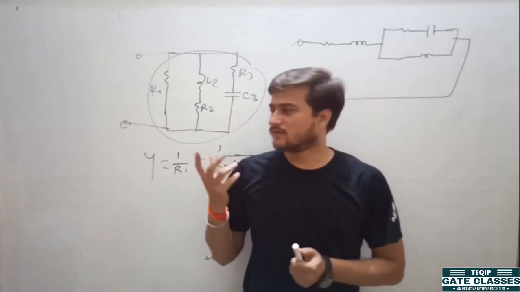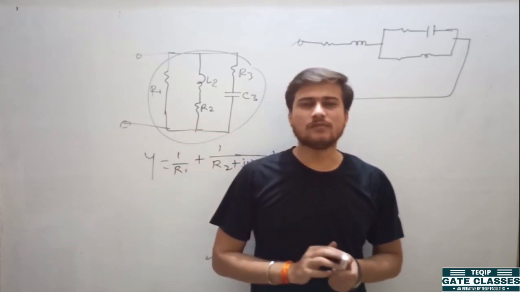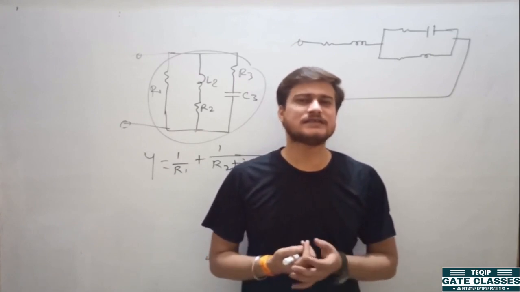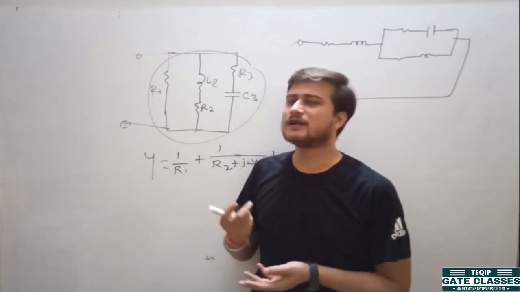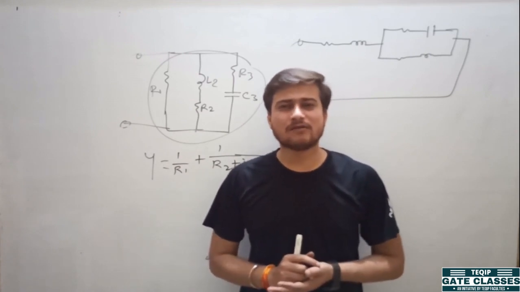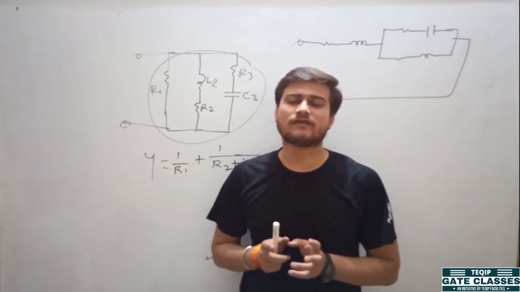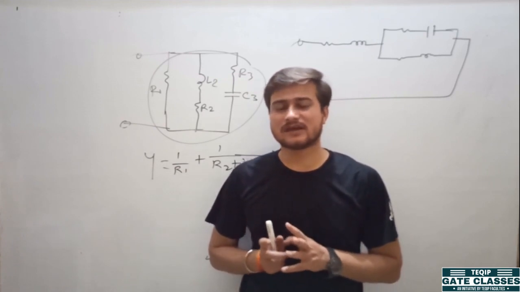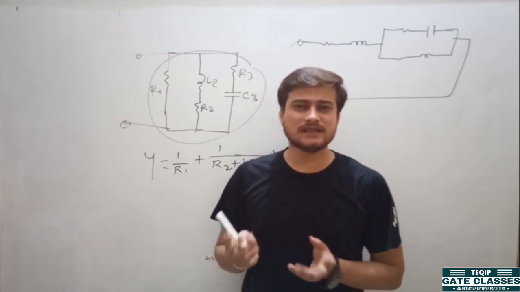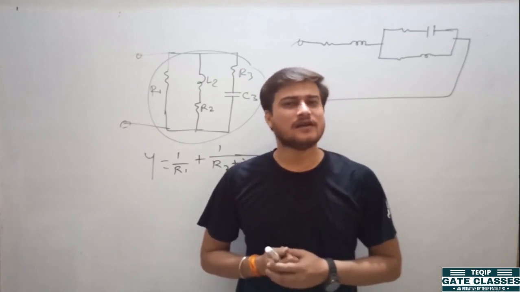The one type is from resonance. The second is they will give you simply an AC circuit and ask you to find either the current, or most of the time the value of average power dissipated. Clear? So to find average power dissipated, we'll see the concept in the next video lecture.